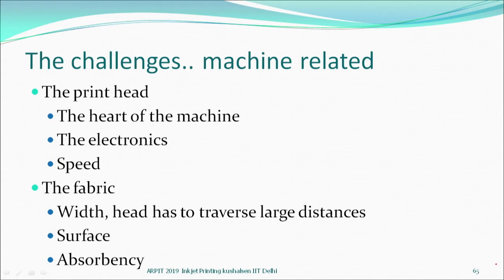The surface of a fabric is not as smooth as paper, and you want a certain type of absorbency on the textile. Therefore, the ink drop would diffuse into the textile surface, and so this becomes an additional requirement from the textile point of view compared to, let us say, what they were doing for paper printing.